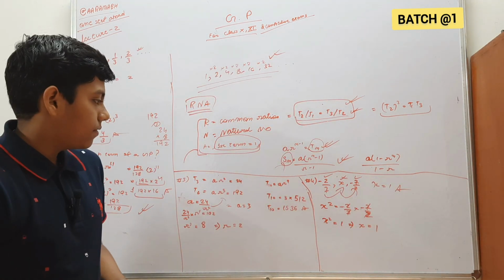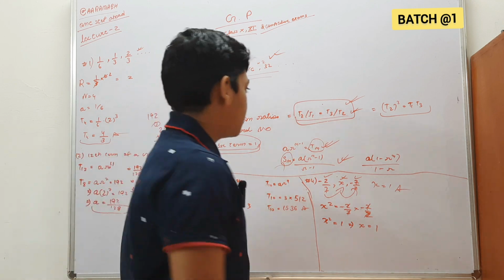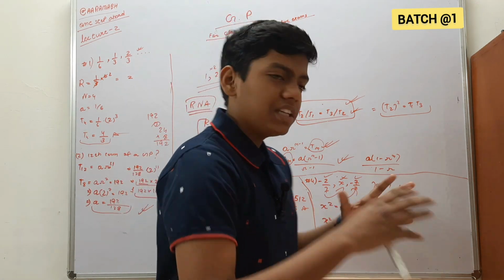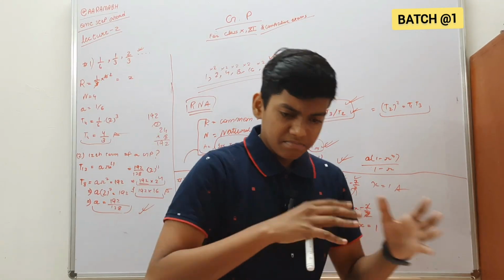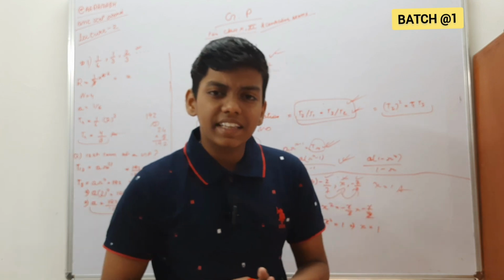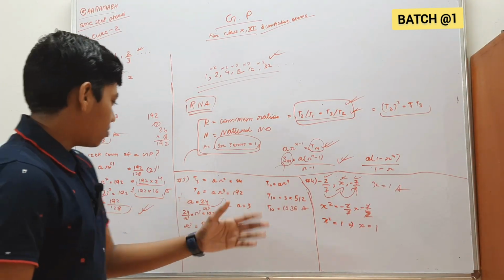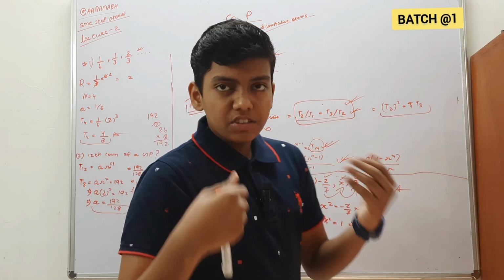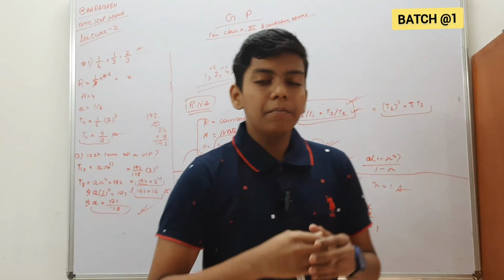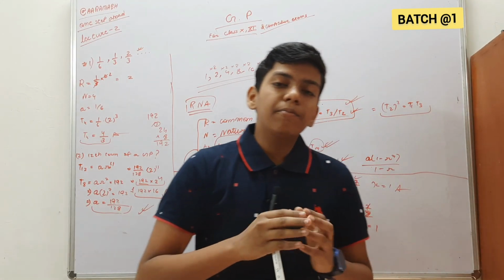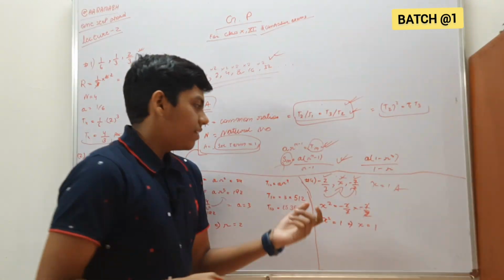Have you understood it? Easy? Okay. This is the beauty of maths. You can just pick up some basic things and solve these types of complex sums. These are not complex at this level, but as you go higher up, they get more complex. So that's the beauty of maths.